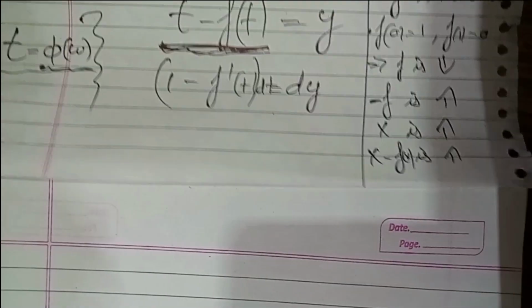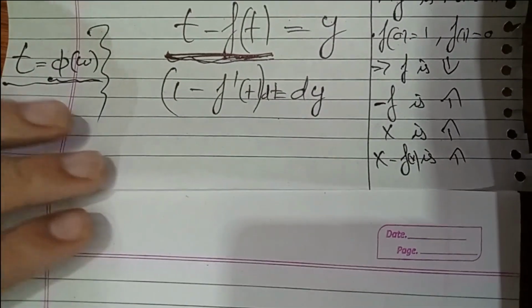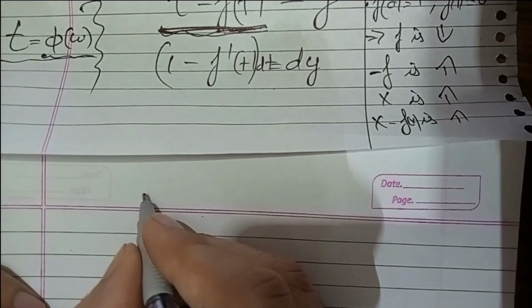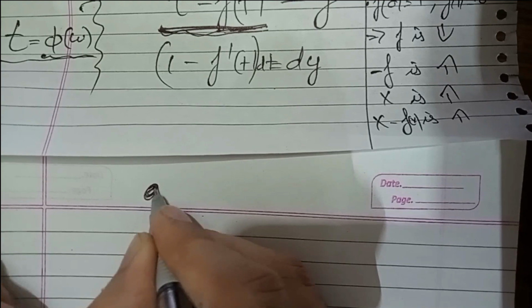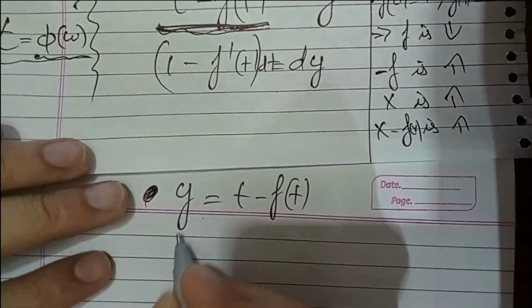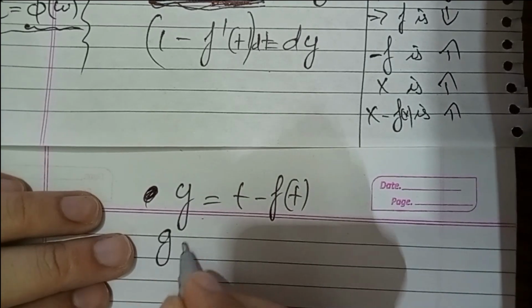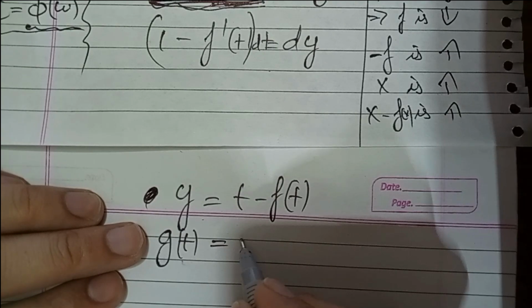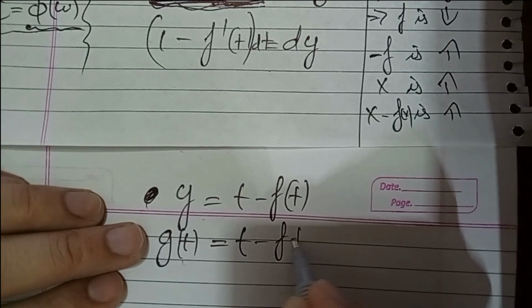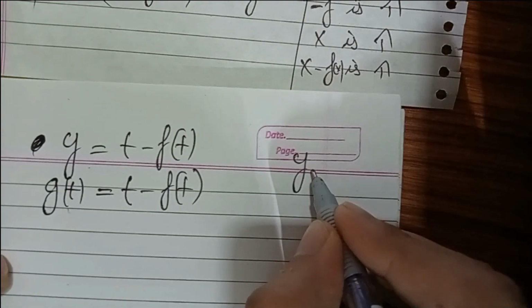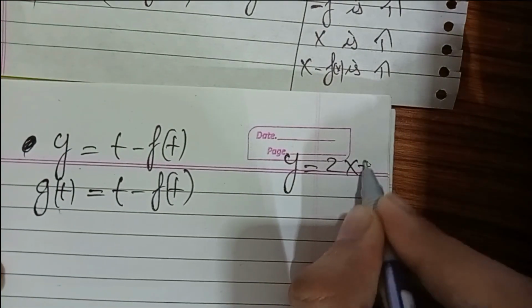How do we know that? Okay, so to show that, I'll write it here: y is f of t, and y and g of t is the same. How? Well, you must have seen in previous classes, you write y equals to 2x plus 1.